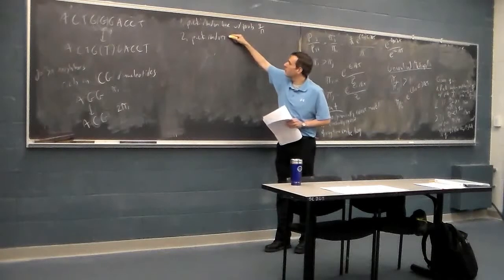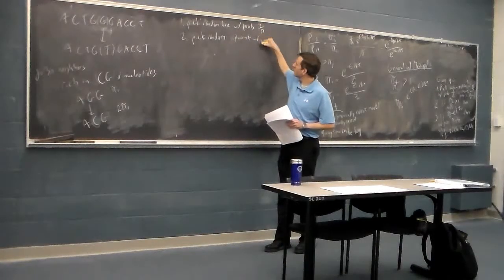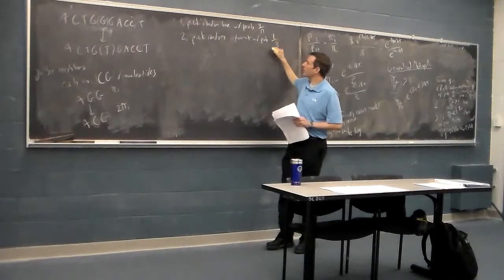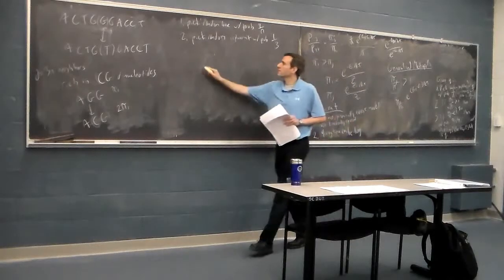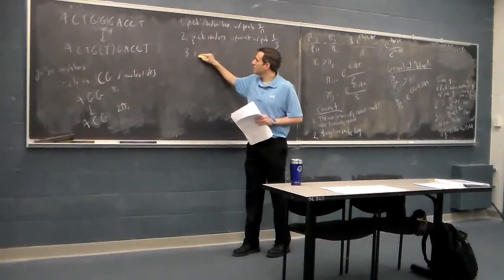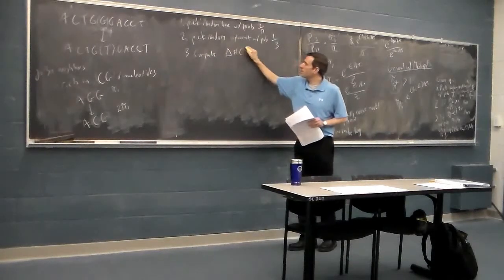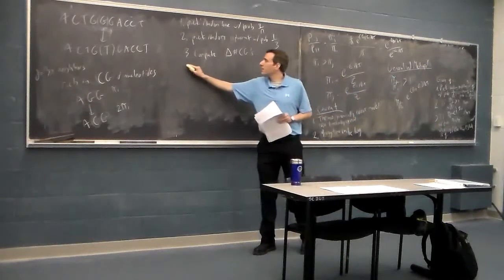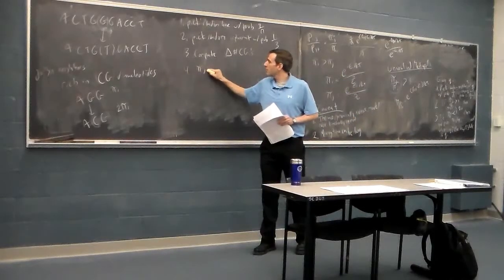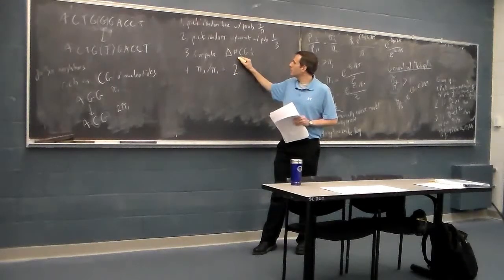Pick a random replacement character with probability 1/3. So we've now picked among 3n possible neighboring states. Compute the change in the number of CGs. And then we can say pi j over pi i is equal to, let's say, 2 to the number of CGs.